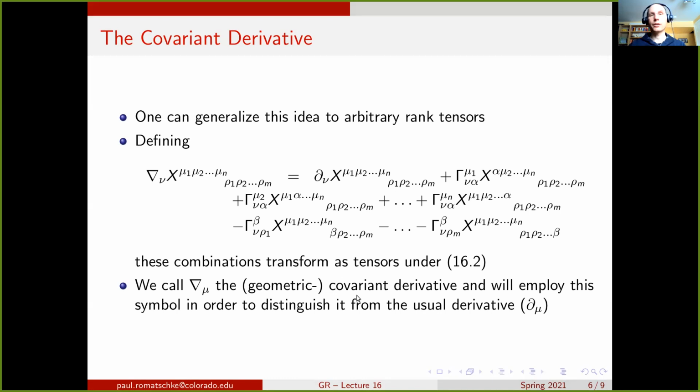Also, for instance, if you're interested in a theory that combines gravity with electromagnetism, you have 2 covariant derivatives: the geometric covariant derivative, this one here, and the gauge covariant derivative. Anyways, this is just a side note. For us, we will basically just deal with gravity proper. So we will always mean the geometric covariant derivative when I say covariant derivative.